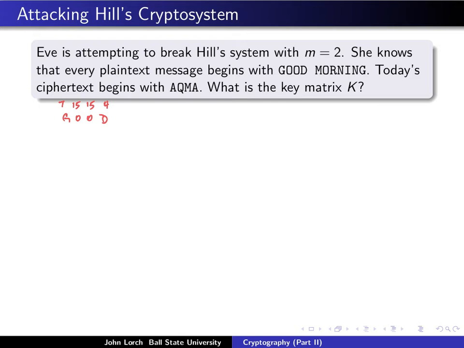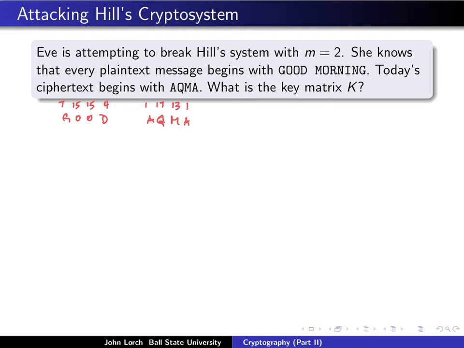On the other hand, we have this AQMA that corresponds to the word good. And those numbers are 1, 17 for the Q, and then the M is 13, and A is 1 again.